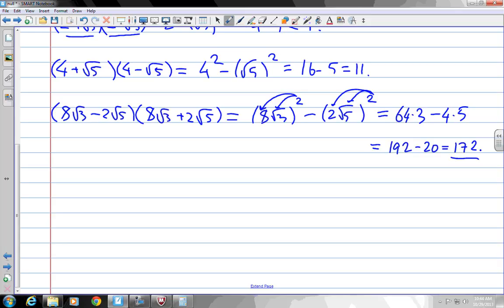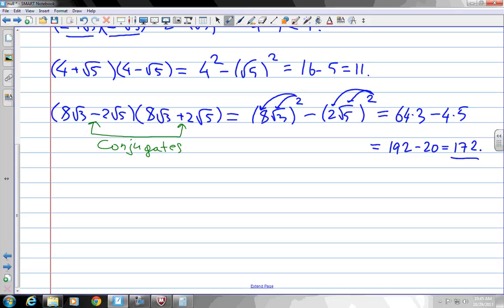So in general, the numbers that differ by a sign in the middle like that, we'll call these numbers conjugates. If you have two numbers that differ by just a sign in the middle, we'll call them conjugates. So if one has a minus and the other one has a plus, and everything else is the same, we'll call them conjugates.